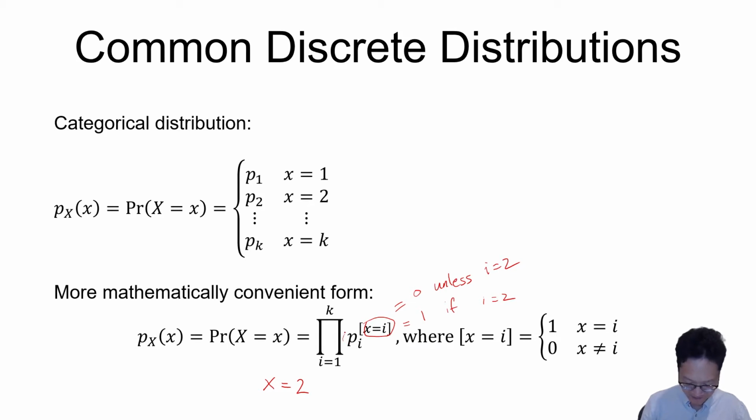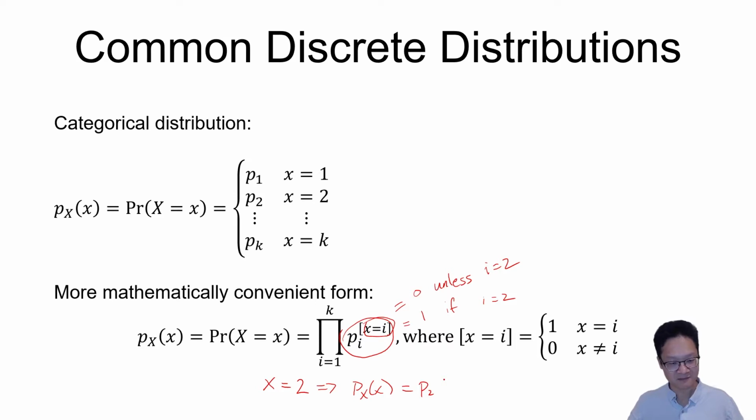So that means this whole term will be 1 whenever i is not equal to 2, so those terms don't even show up in the product. The only term that is not 1 in the product is when i equals 2. In that case, you can safely ignore the exponent and you simply have p2. So in the end, we just get p2, which agrees with the definition of the categorical distribution.